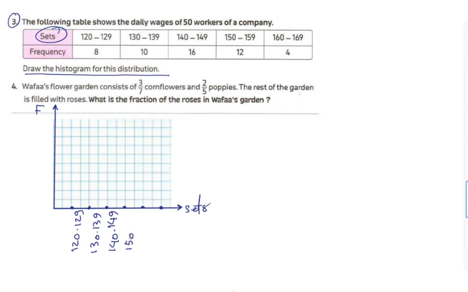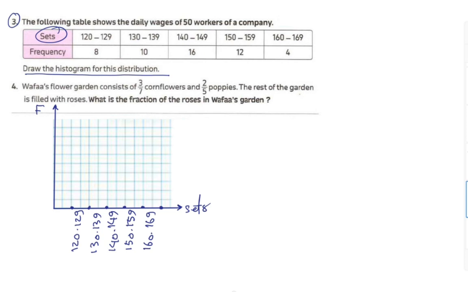The fourth interval 150 to 159. The last interval 160 to 169. And for the frequency here, the smallest frequency is 4 and the greatest one is 16, so I can jump by 2.